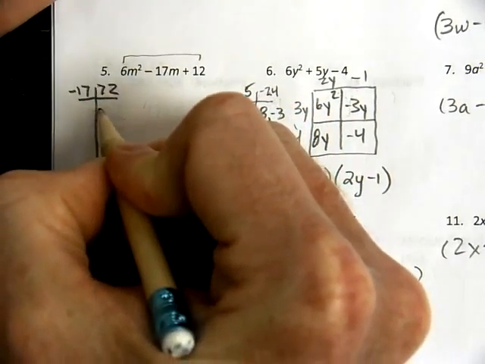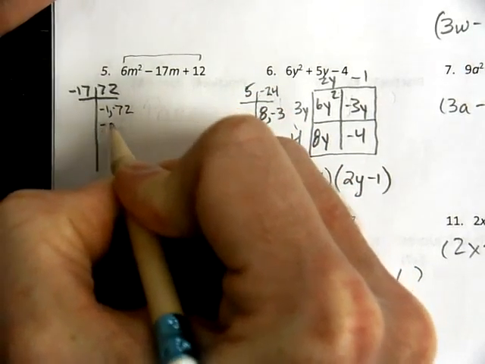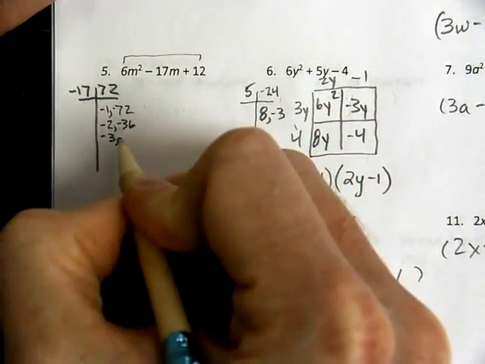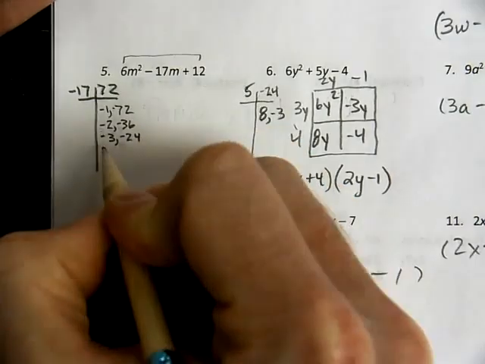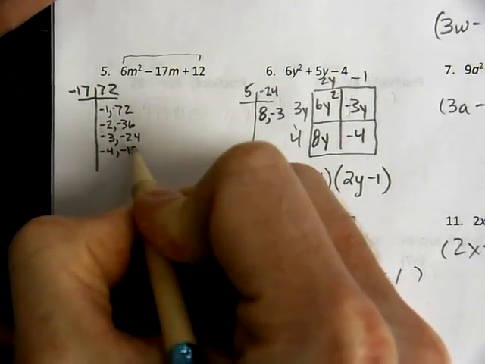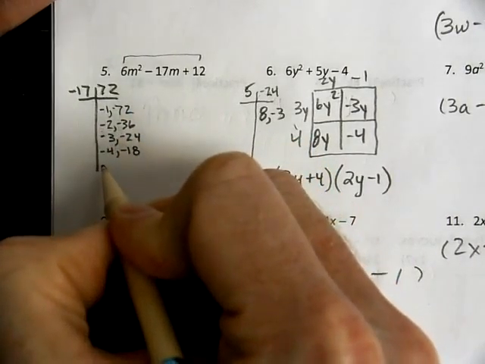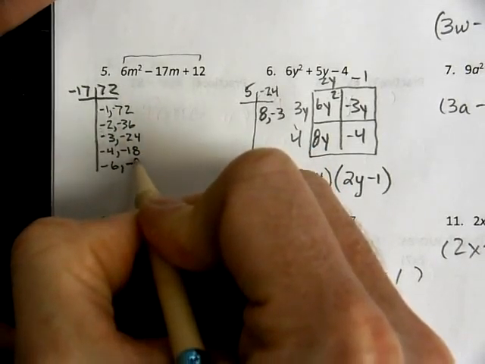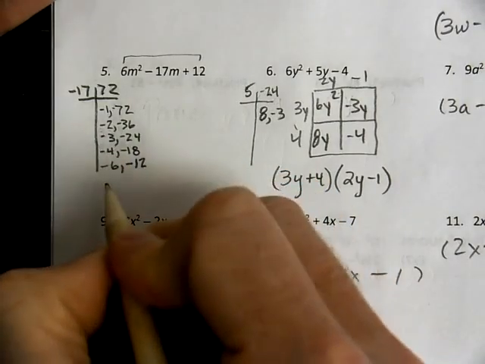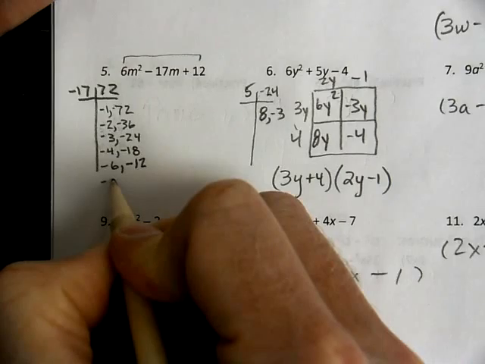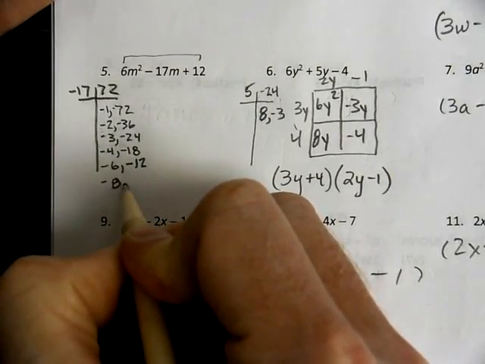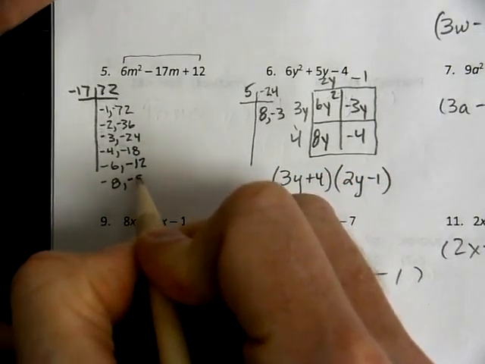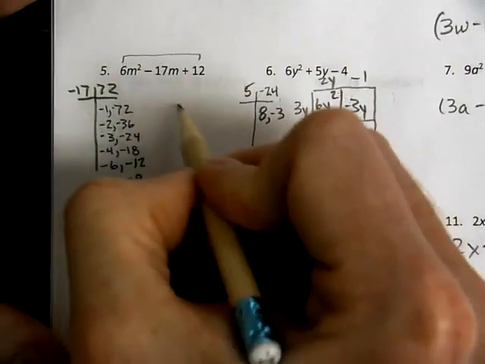So just to start from scratch, we'd say negative 1 and negative 72, negative 2 and negative 36, negative 3 and negative 24, negative 4 and negative 18, 5 doesn't go into that, negative 6, and 6 is going to go into there 12 times, 7 doesn't go into there, negative 8, 8's going to go into there 9 times, and there's what adds up to be 17.